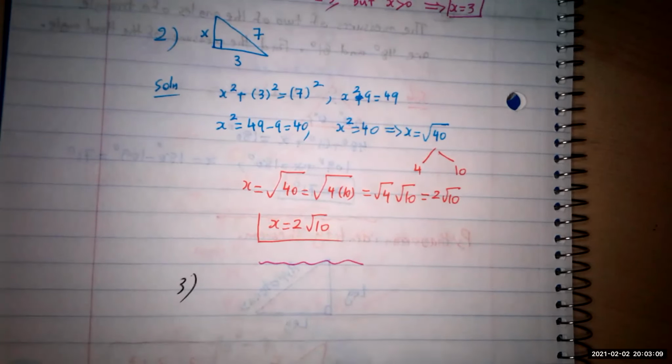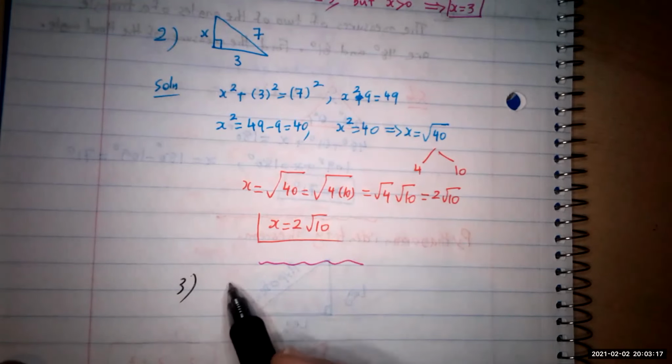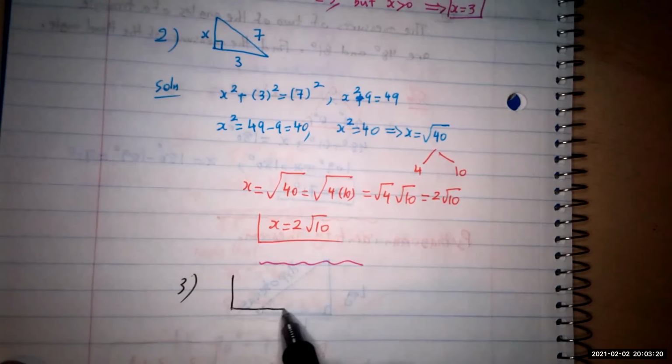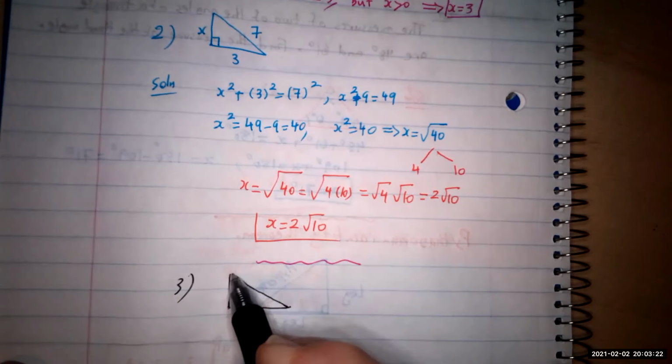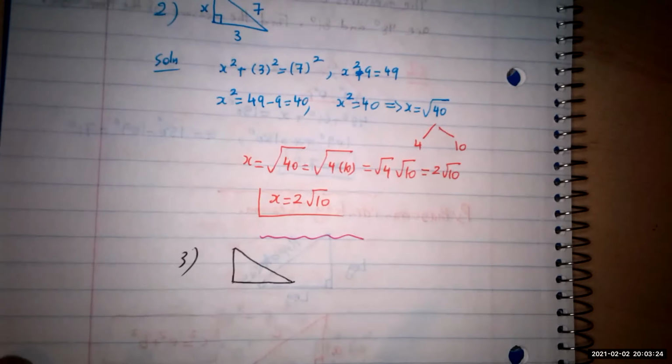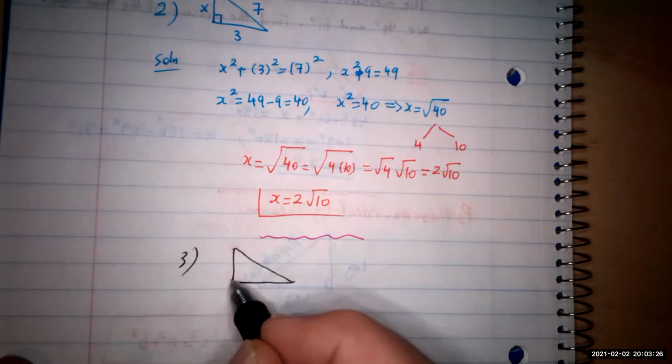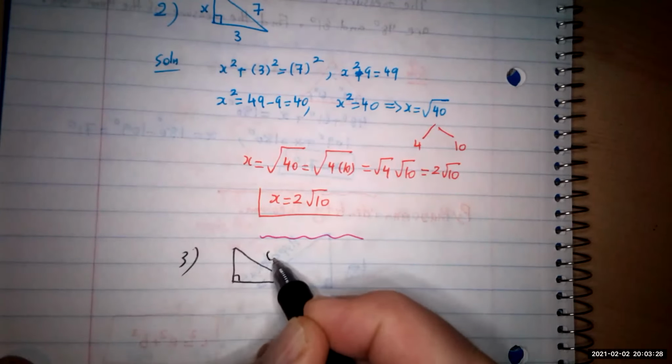Number 3, you know, various formats that they are going to give you. Okay, how about this one? You see this is given and you've been told that this is 60.